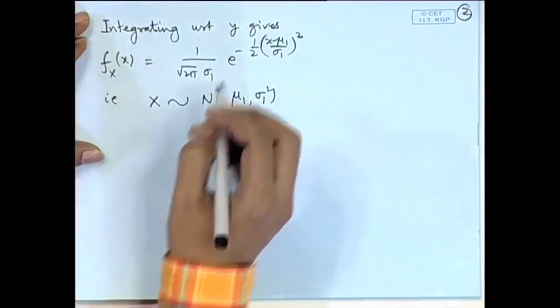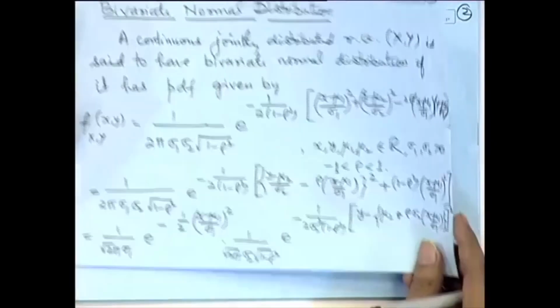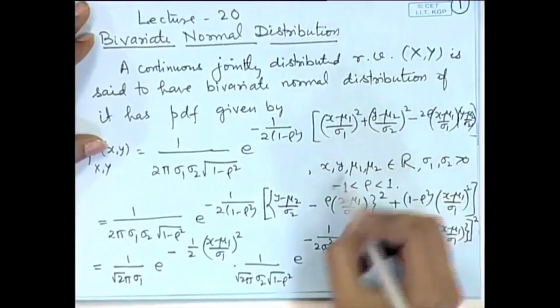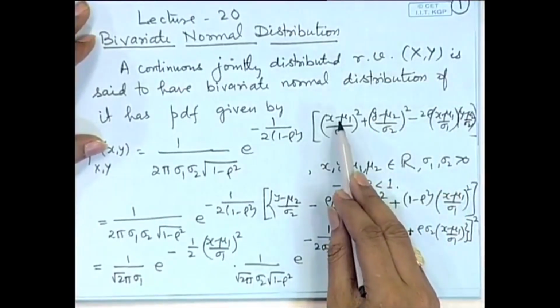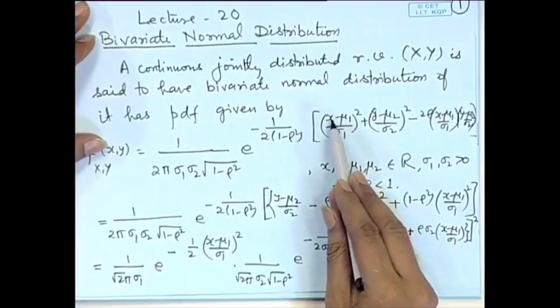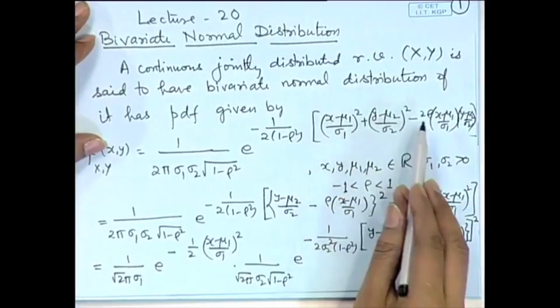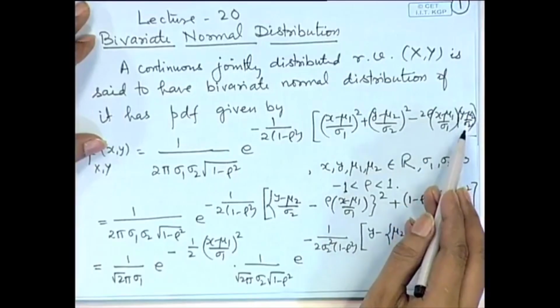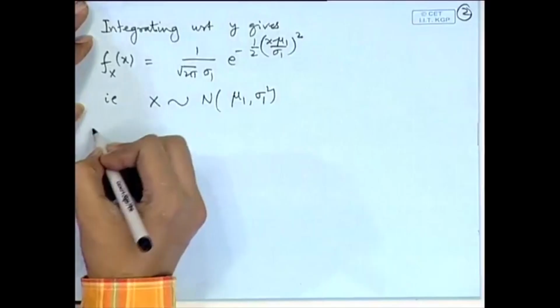In a similar way, we can split this term when we want to integrate with respect to x. Then I make it a perfect square in x, so we will write (x minus mu 1) by sigma 1 minus rho (y minus mu 2) by sigma 2.